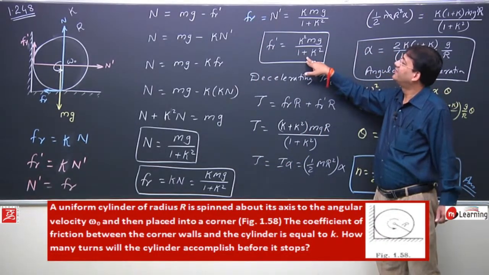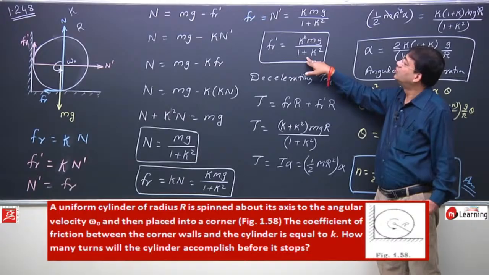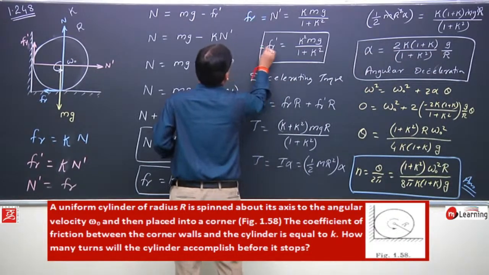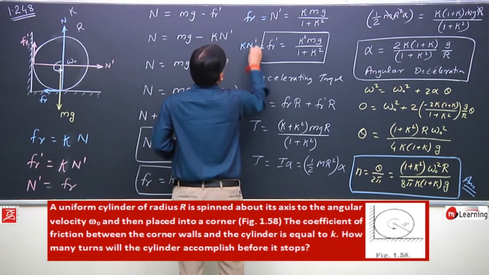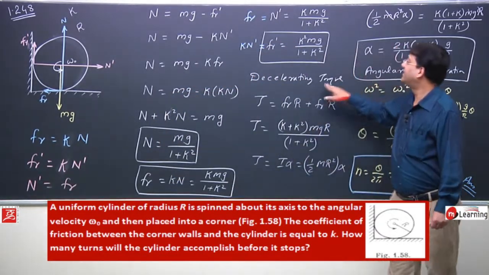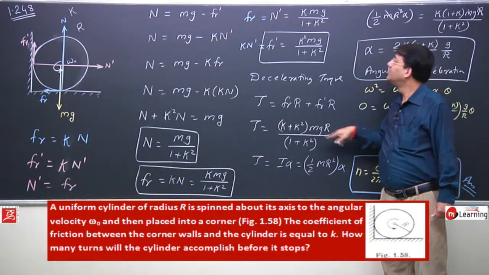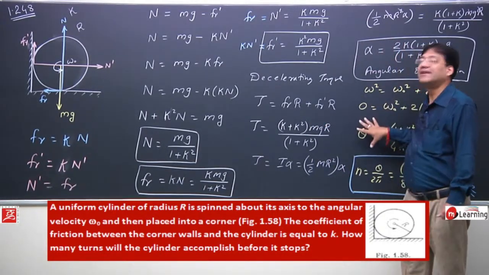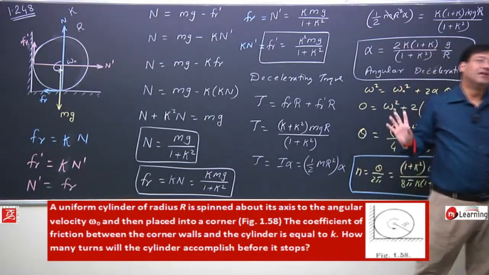Fr dash equal to k into N dash. यह चीज कर दी मैंने, और फिर डिसीलेटिंग टॉर्क के लिए एक्सप्रेशन लिख दिया, and then I got the torque, I got angular deceleration. From that angular deceleration we got angular displacement. Please note it down.